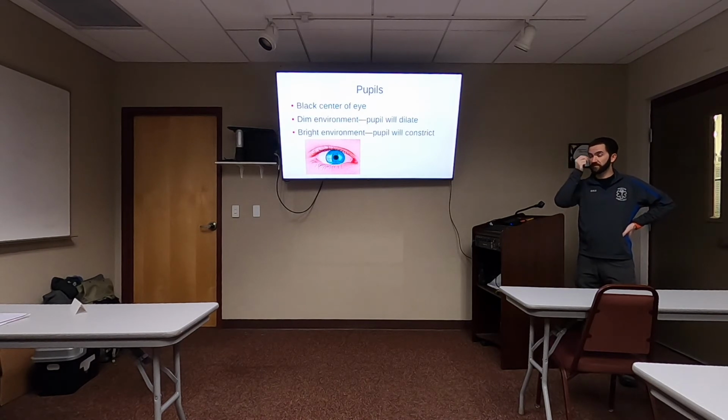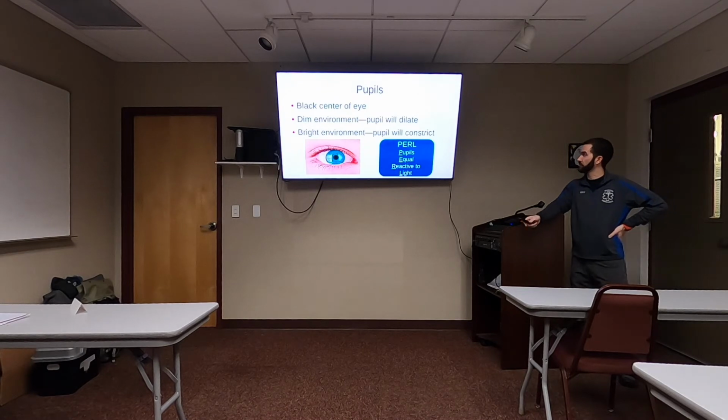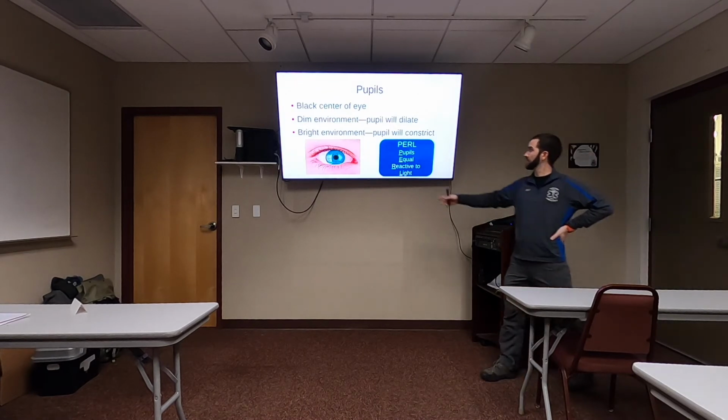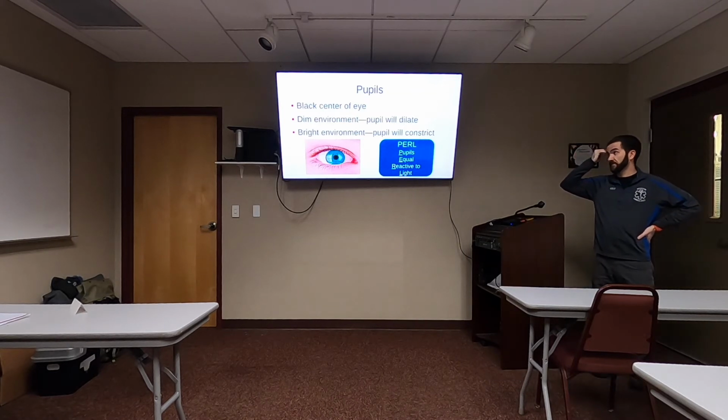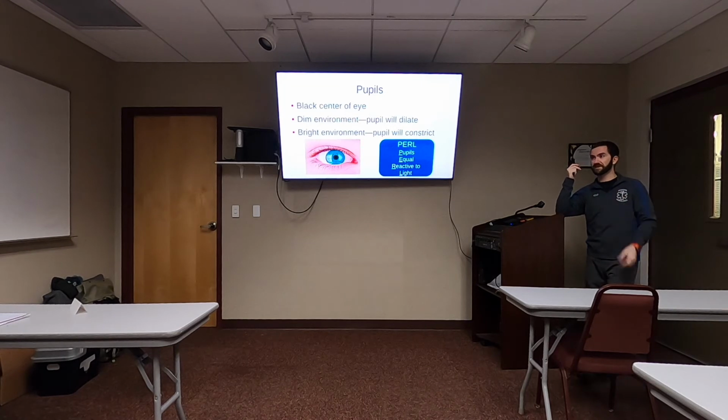If it's real dark, your pupils get real big. So what we're going to check for is that our pupils are equal and reactive to light. If you have one pupil that's real big and one that's real small, that could be a sign of a head injury. It's not a real common sign, but it is a sign.